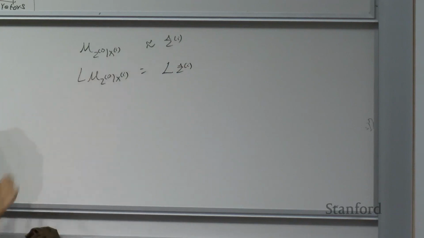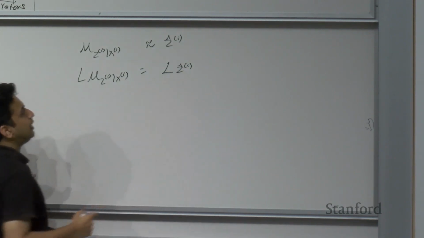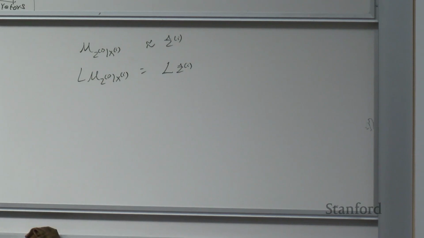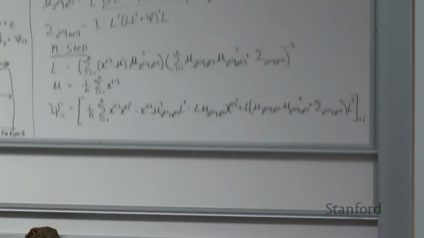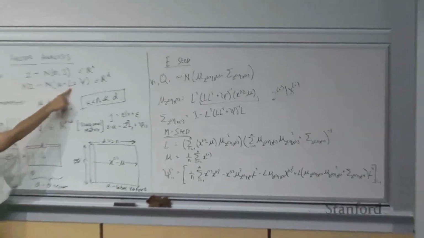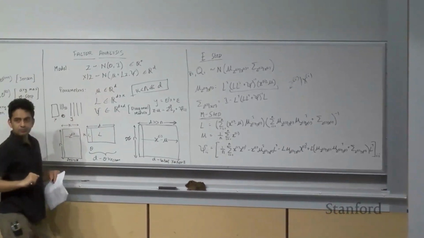We just saw that mu of z_i given x_i we can think of as our best estimate of z. And L times z_i is our best estimate of x minus mu.